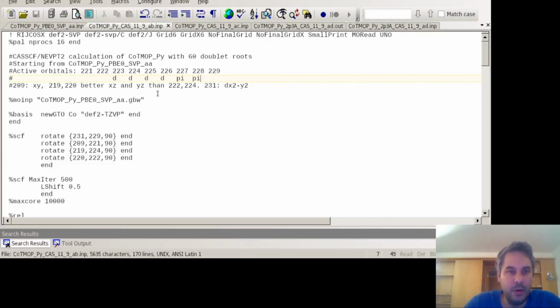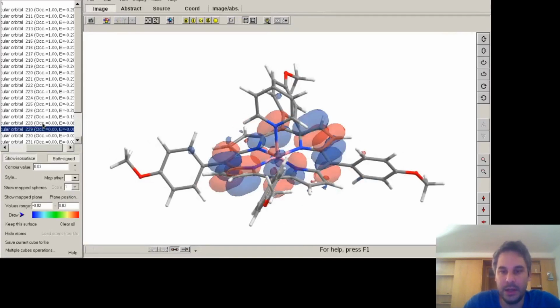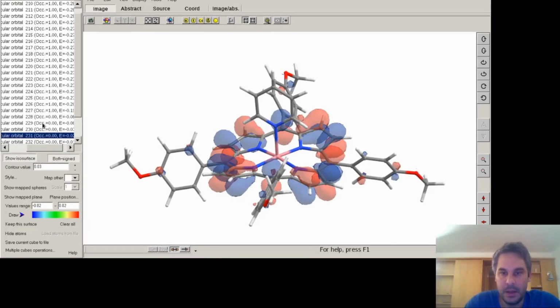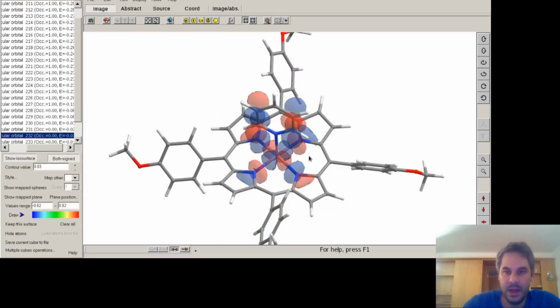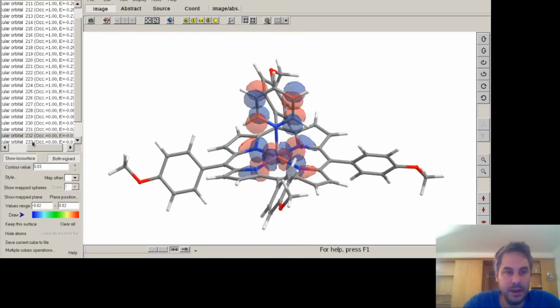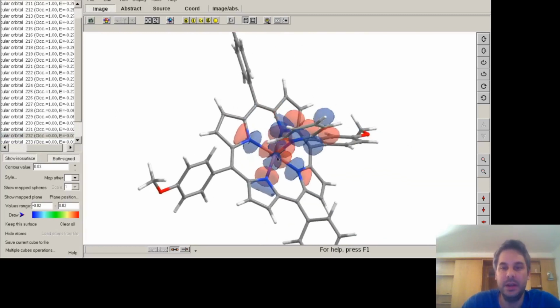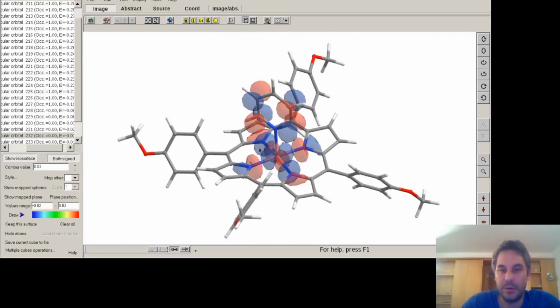So I need to go and find the others. So these three orbitals, 229, 221, and 222, I want to replace them by other orbitals. So I need to go and find them. If I keep going, I see that the orbital 231 in ORCA notation is the dx² minus y² orbital.